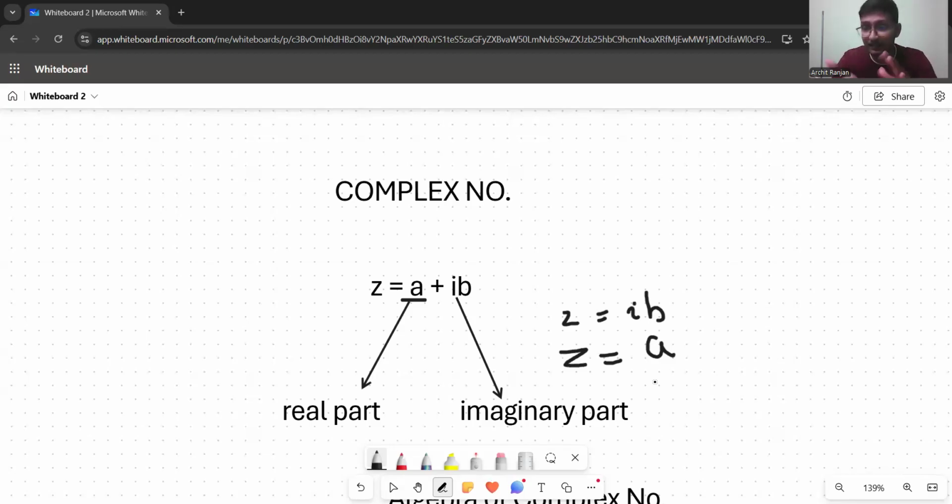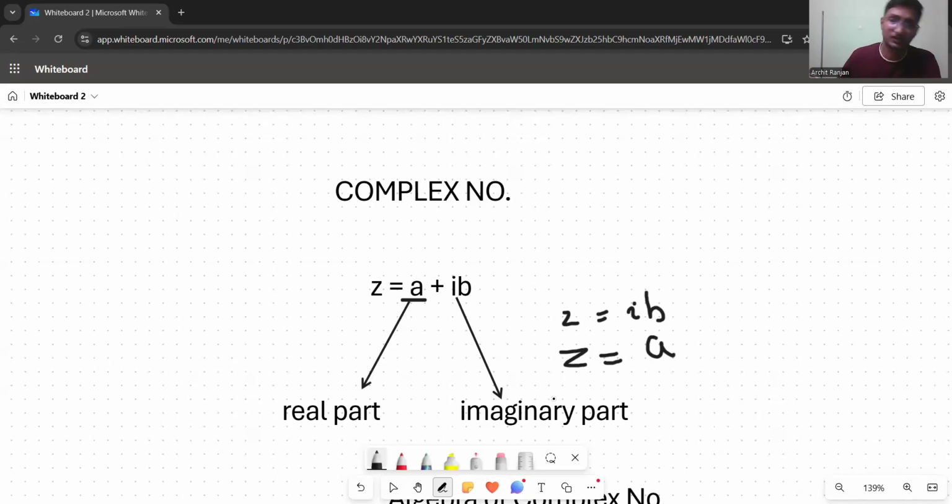So we can say that Z, or a complex number, is basically a superset inside which are real numbers. So like complex numbers, real numbers. Fine. And it is important to note that B is a real number and iota B is an imaginary number. Although I'll be using real part and imaginary part again, people do get confused here, right?